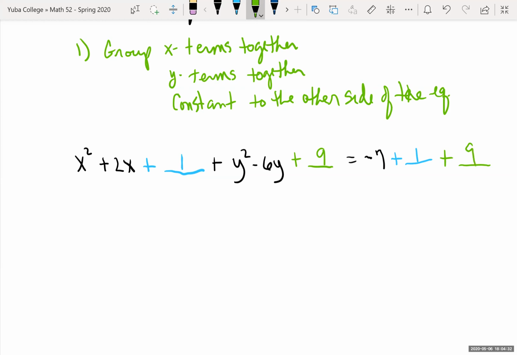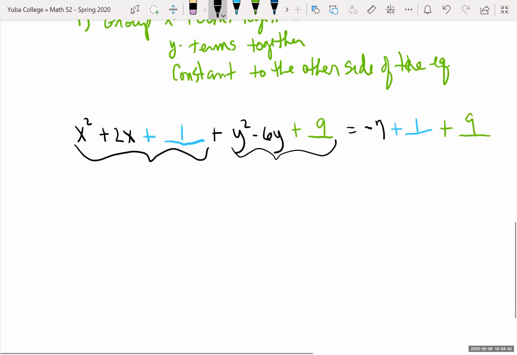Okay, so we just manipulated this so that we can rewrite these first 3 terms as some quantity squared, and these last 3 terms on the left-hand side as some quantity squared. So the same number that multiplies to give you 1 and adds to give you 2 is 1. So we can rewrite this as x plus 1 quantity squared.